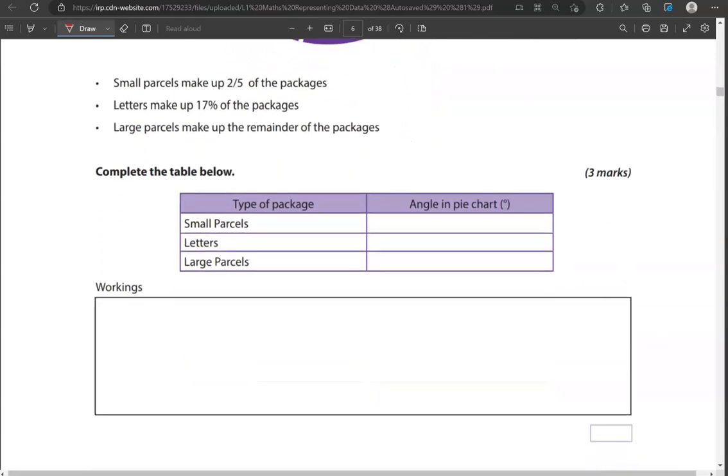So small parcels make up 2/5 of the packages. So we're looking for 2/5 of 360 to find the angle in the pie chart that represents small parcels. So we need to first work out 1/5 of 360 and then double that. So 360 divided by 5.